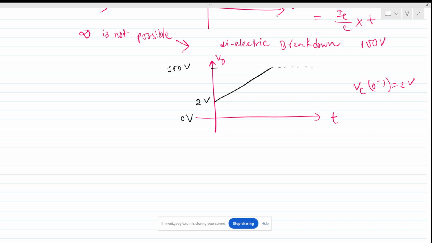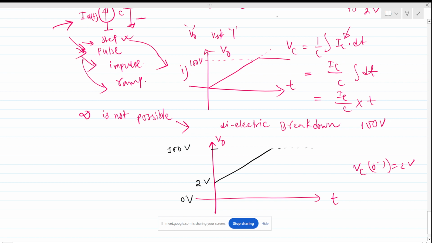So these are the only changes between the capacitor initially uncharged and initially charged to 2 volt. Clear? It starts from 0 volt to 100 volt, and in the other case from 2 volt to 100 volt.